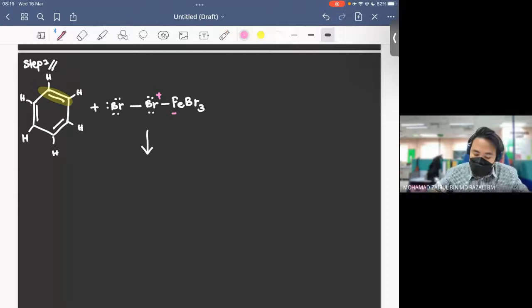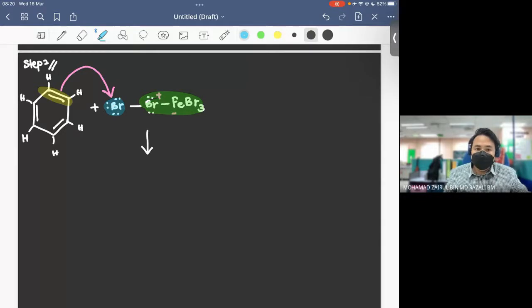So, dia boleh donate 2 elektron to form a single bond dengan satu bromine. Tapi sebelum bromine ini dia boleh attach dekat benzene itu, dia kena separate dulu daripada yang ini, baru dia boleh pergi dekat benzene.